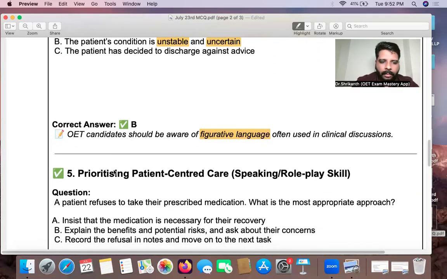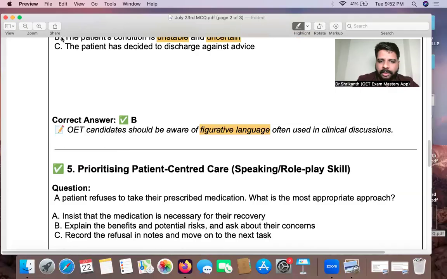Prioritizing patient-centered care. This is a speaking skill question. Now the question is, a patient refuses to take their prescribed medication. What is the most appropriate approach? A patient is refusing to take their prescribed medication.